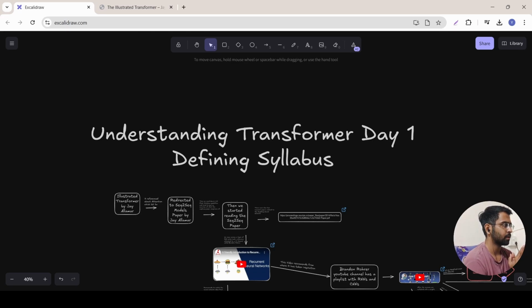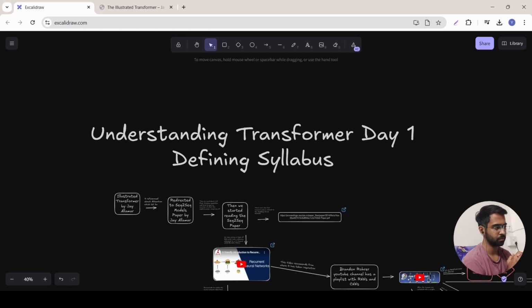We are starting with day one, and the primary concept that we are taking to learn is Transformers. All of you are well aware of this word, because they are the architecture, the basis of all this generative AI that we are using right now.